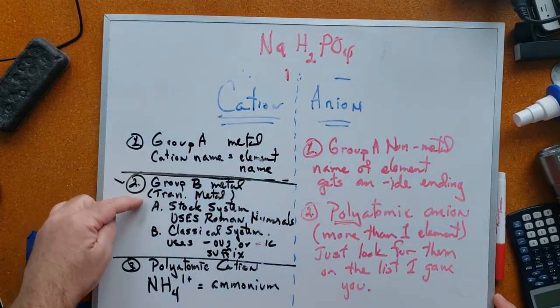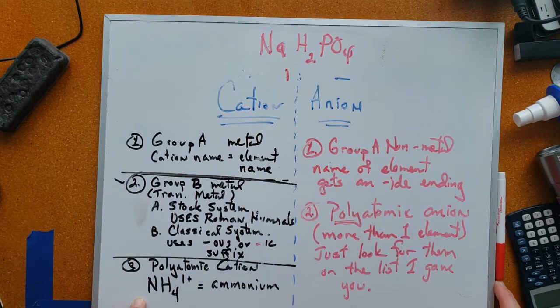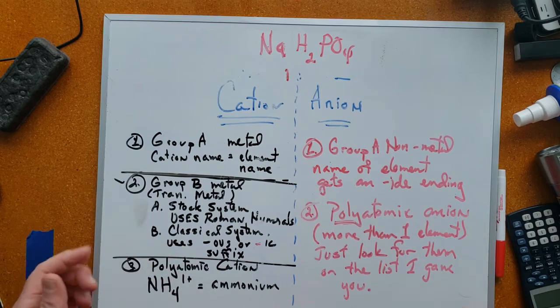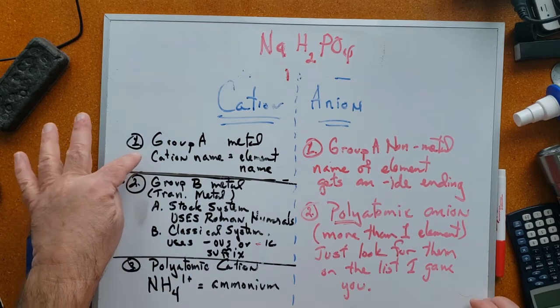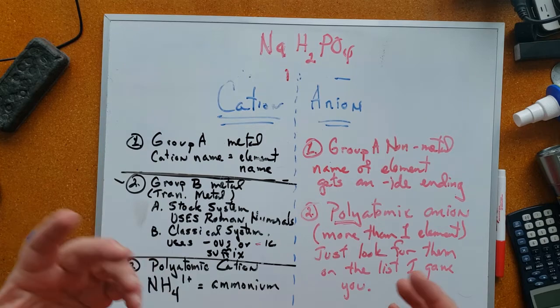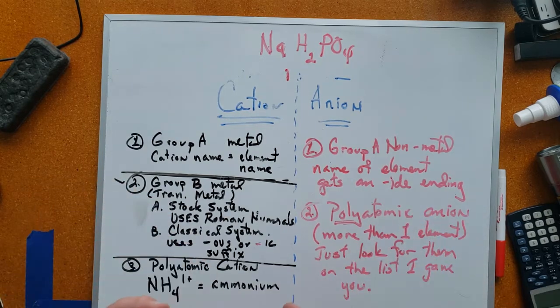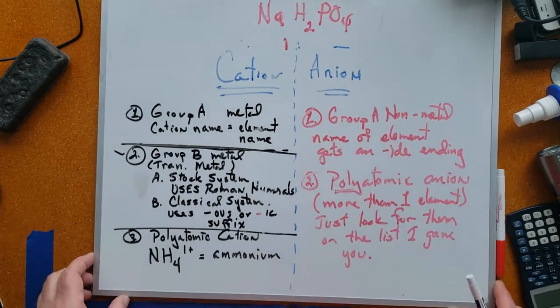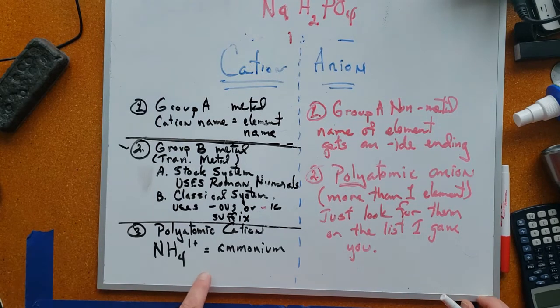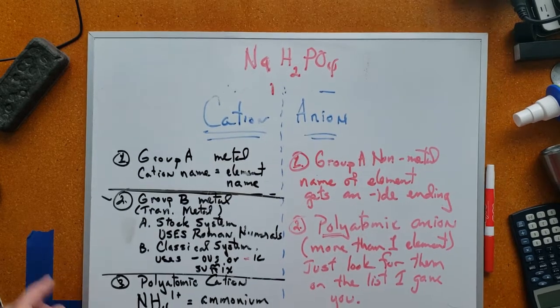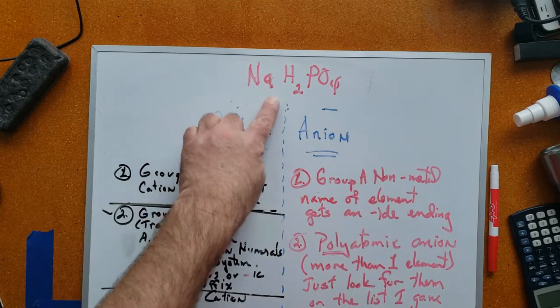Again, the possibilities for a positive cation is if it's a group A or group B metal, so it'll be just the symbol of a single metal element. The only other case we'd run into is if the cation were polyatomic, but very specifically only the ammonium ion is what we're going to run into. All right. And we definitely don't have the ammonium ion here.